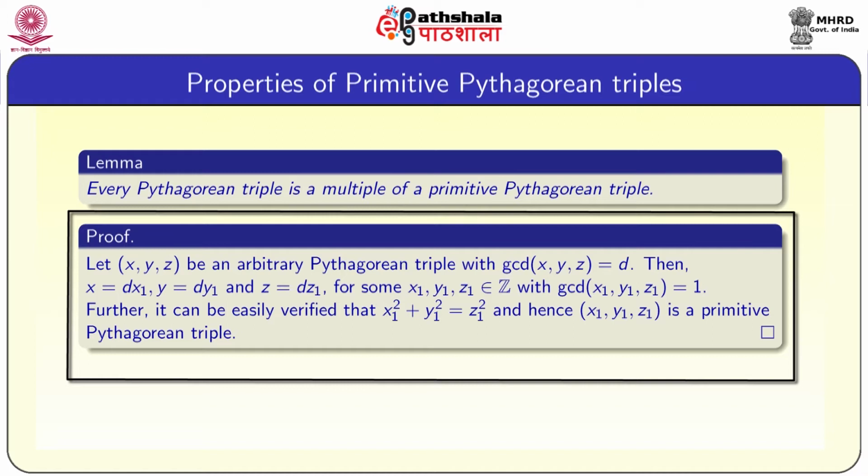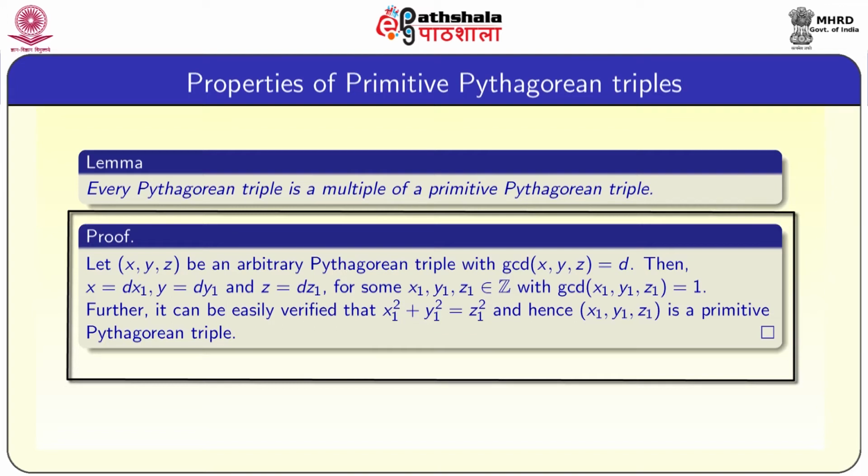since GCD of x, y, z equal to d, d divides x, d divides y and d divides z, or equivalently x equal to d into x1, y equal to d into y1 and z equal to d into z1, for some x1, y1, z1 belonging to Z, with GCD of x1, y1, z1 equal to 1. Further, it can be easily verified that x1 square plus y1 square is equal to z1 square.